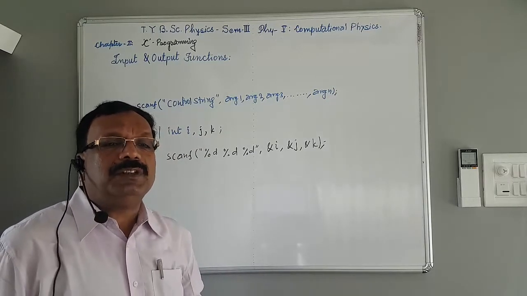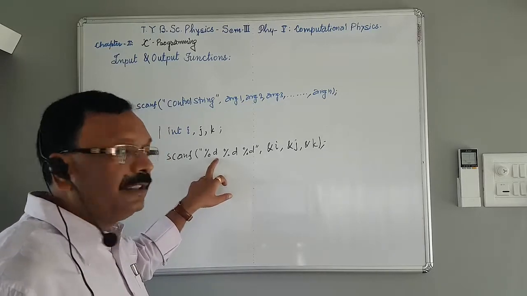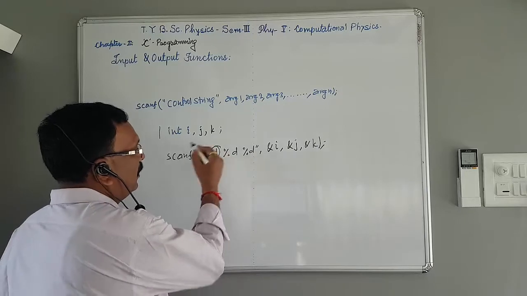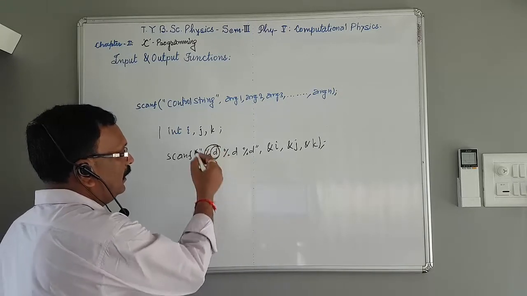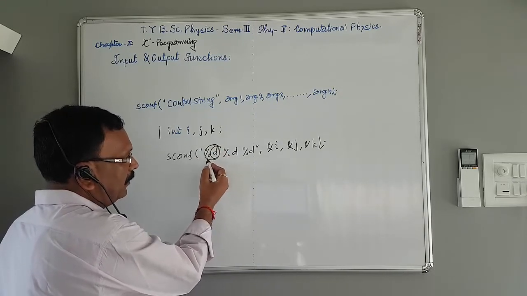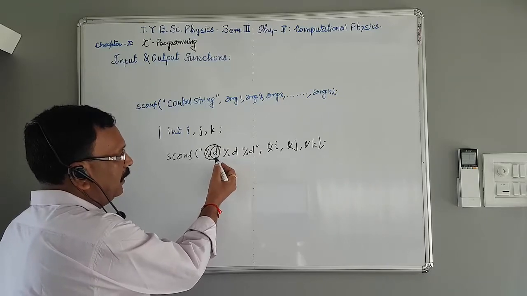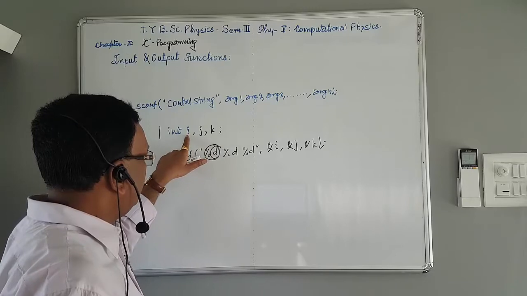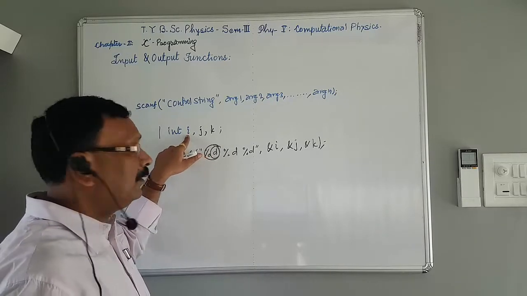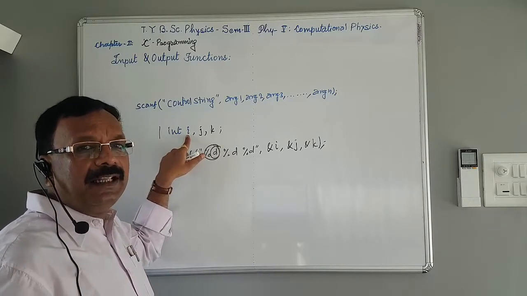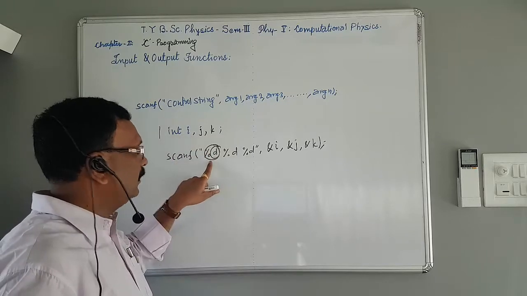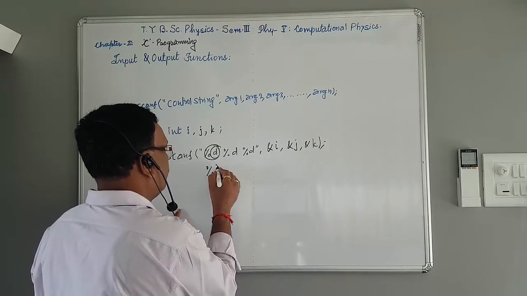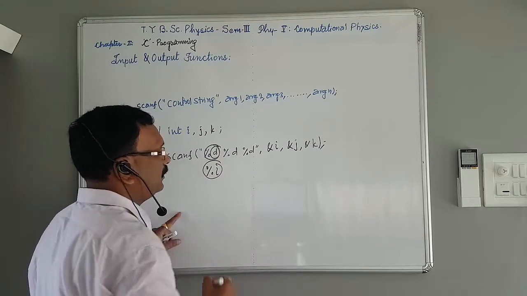Now, some commonly used conversion characters. This conversion character always starts with a percentage sign followed by a character. If the data type is a pure integer or single decimal integer, then you can write %d or %i.